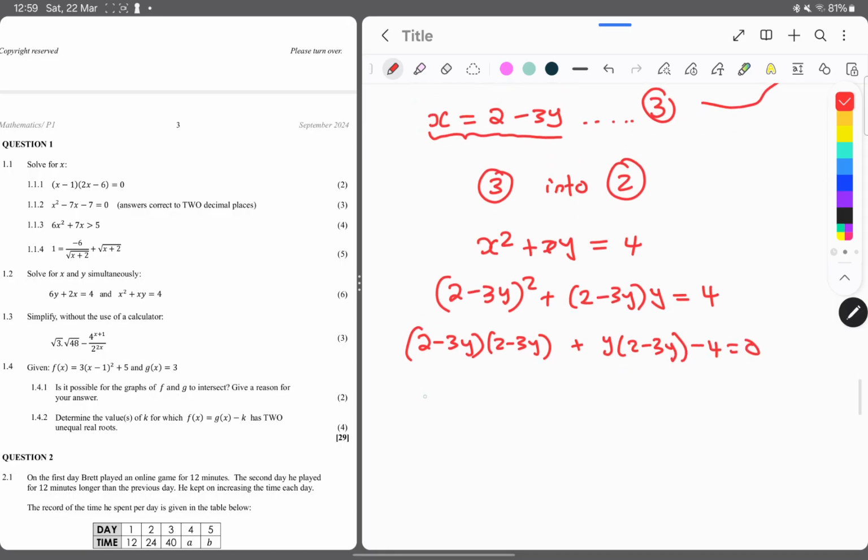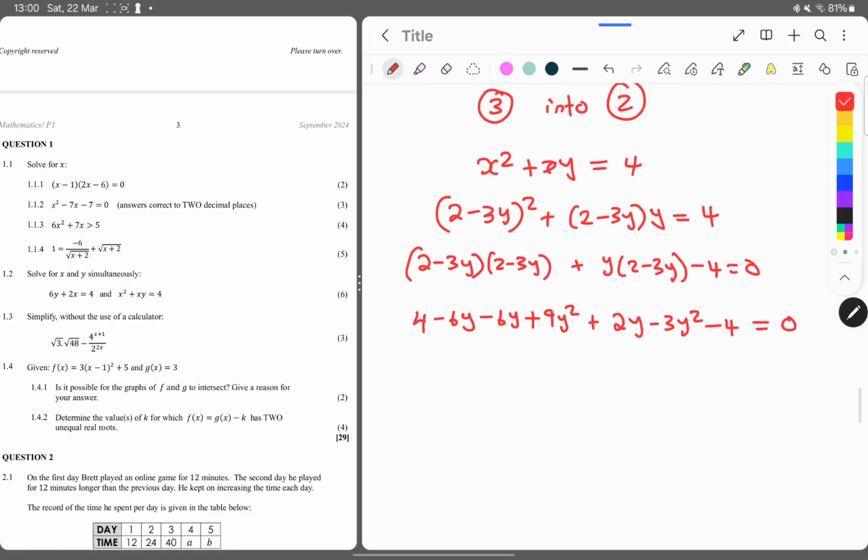Then we'll have 2 by 2 is 4. 2 by minus 3y, it's minus 6y. Minus 3y by 2, it's minus 6y again. And then minus 3y by minus 3y, it's positive 9y squared, plus y multiplied by 2 is 2y. y multiplied by minus 3y, it's minus 3y squared minus 4 equal to 0.